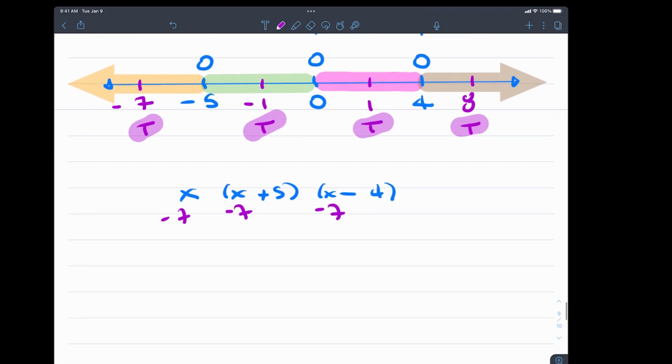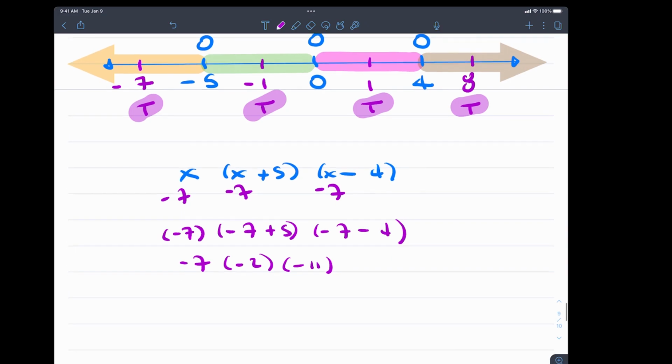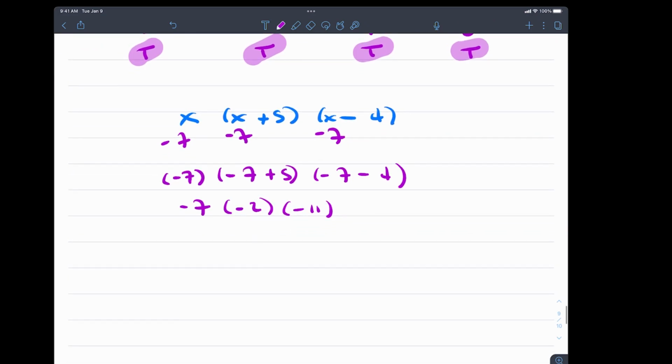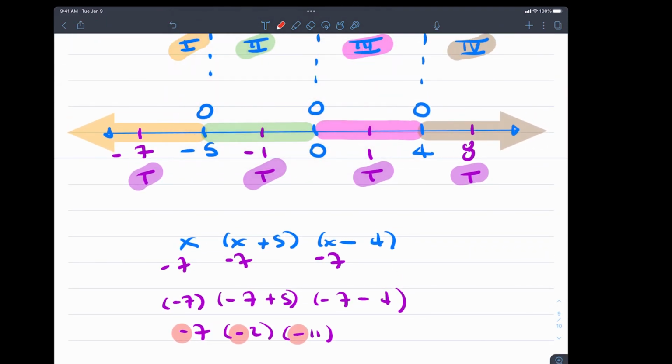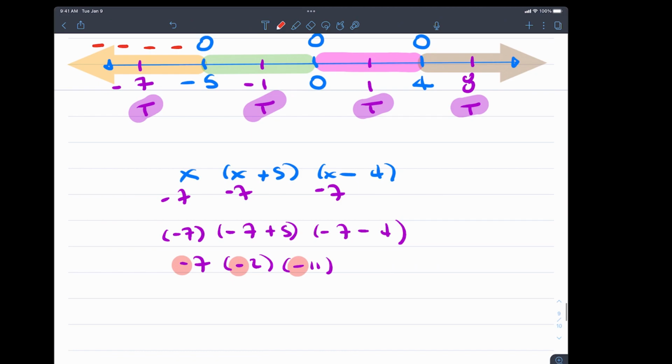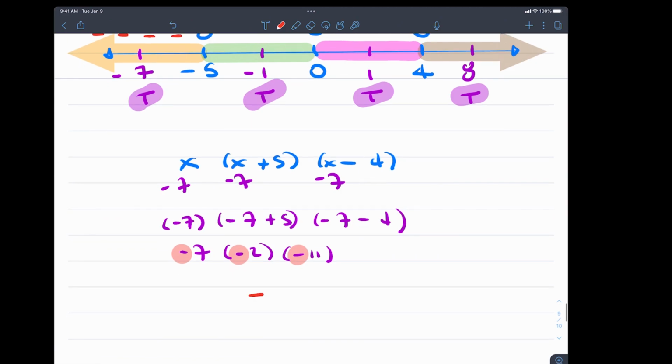So you're going to test region 1, and you get -7 times -7 plus 5, -7 minus 4. So it's -7 times -2, times -11. Now, remember, you don't care about the answer. This is called sign analysis. So for region 1, is it positive or negative? It is negative. Good. Why? Because a negative times a negative times a negative is a negative. That's all. I'm just keeping track of the signs.